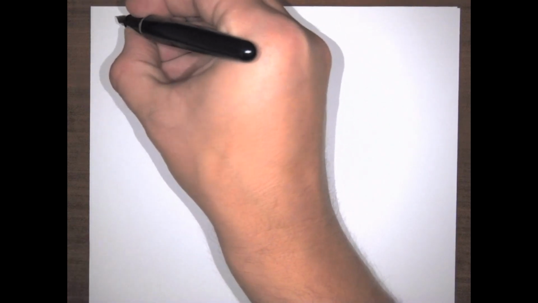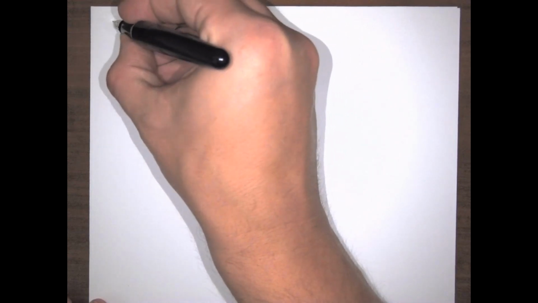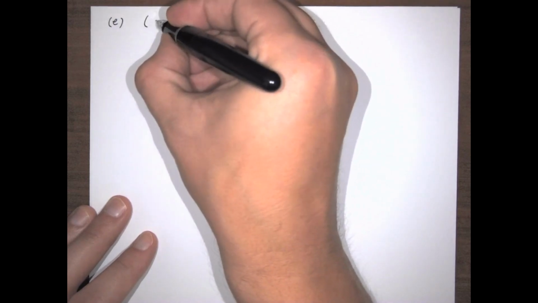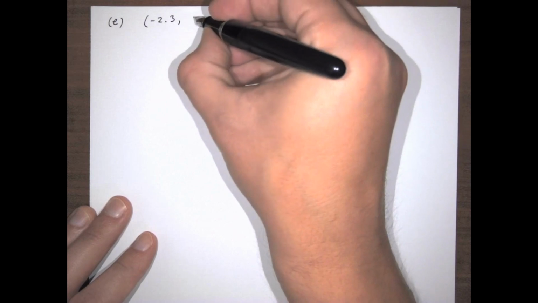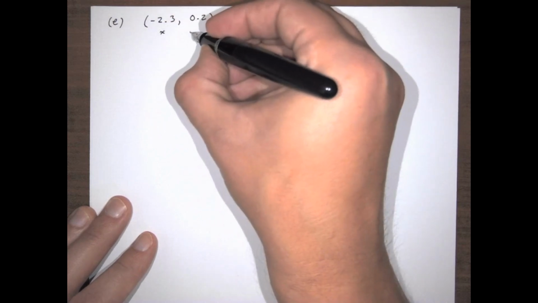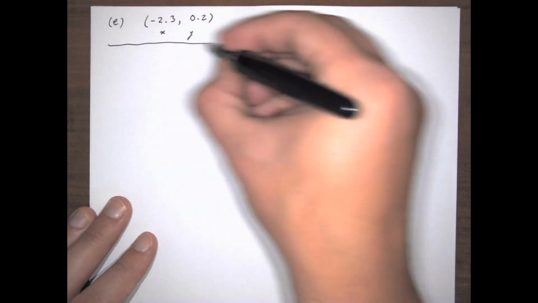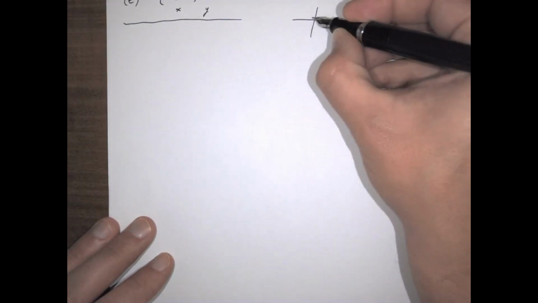So let's go with a final example from this category. So this is example E. And so let's say we have negative 2.3, comma 0.2. That's x, and that's y. Okay, so quick check of quadrant.